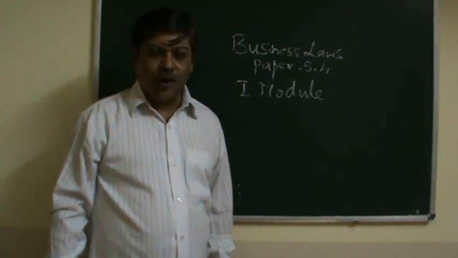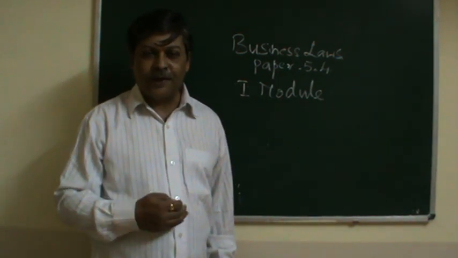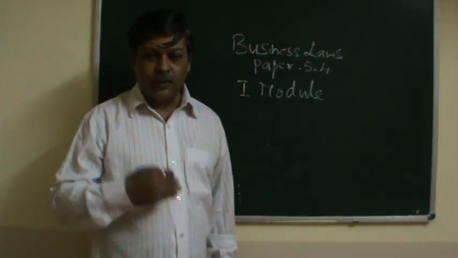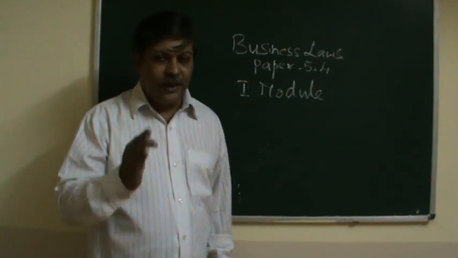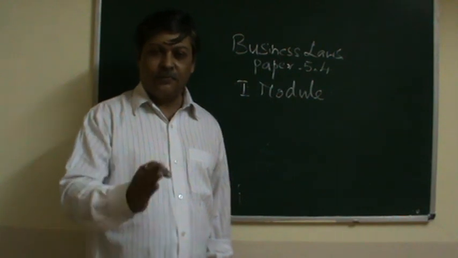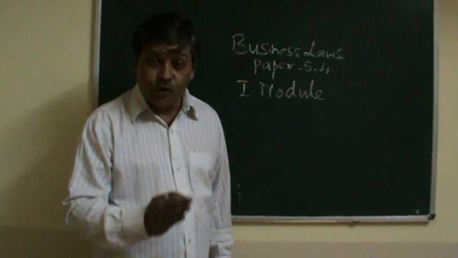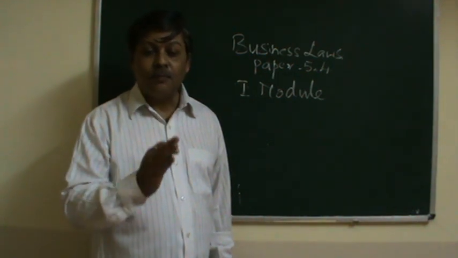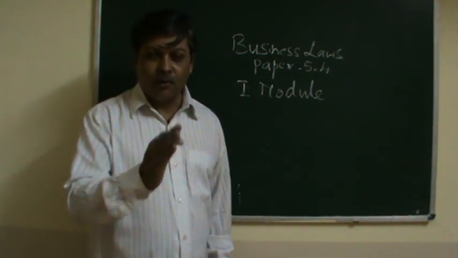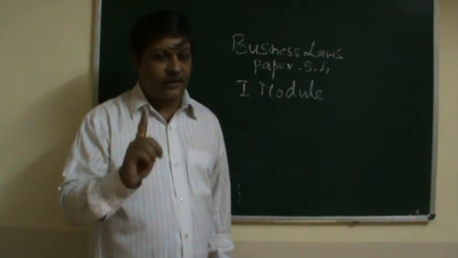So in module 1, what are the topics we are going to cover? As you know, our first act is the Indian Contract Act of 1872. This is the first act we are going to study. Module 1, module 2 and module 3: out of 5 modules, the first 3 modules cover only this act.